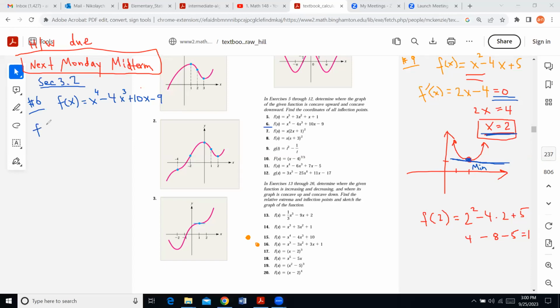So here's the function, which is a 4th degree function. And a 4th degree function usually has a shape of a parabola. There might be a wiggle in the central area, but we'll discuss that. So the first step is taking the derivative.